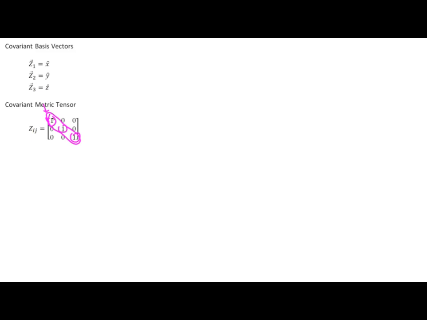These are just each of the covariant basis vectors dotted with themselves, and therefore these values are equal to the square of the magnitude of each of the vectors. So if we take the square root of each of these down this diagonal, we get the length of our covariant basis vectors.